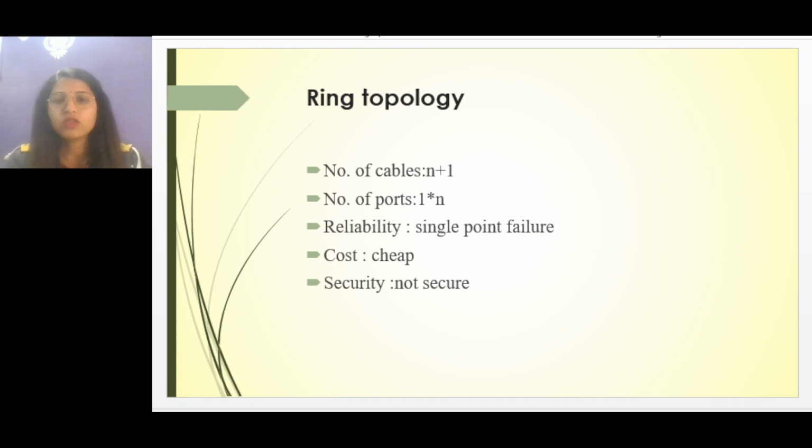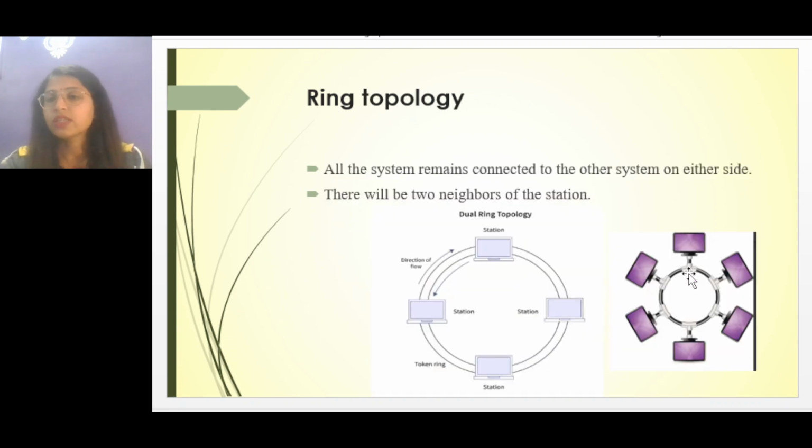Is it reliable? It also has a single point failure because one ring is shared by all the systems. Is it cheaper? Yes, it is cheaper. And is it secure? No, it is not secure, because the data is going to move in this direction and will be received by every system. So it is not secure.